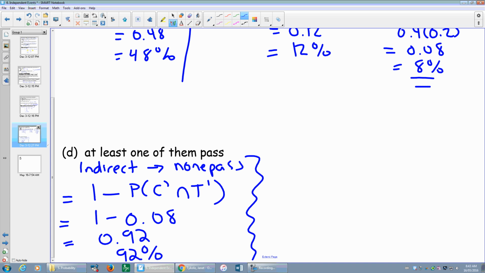Okay, the direct way of thinking of this question, at least one of them passes. We can look at the case when Chris passes, Ty doesn't, or Chris doesn't and Ty does, or Chris and Ty both pass. So remember that prime is saying the opposite, the complementary of that. So Dylan, can you help me out here? What would I put in for this first piece if Chris passes and Ty doesn't?